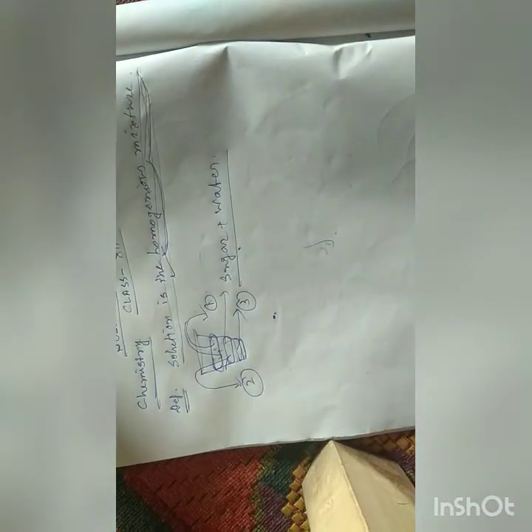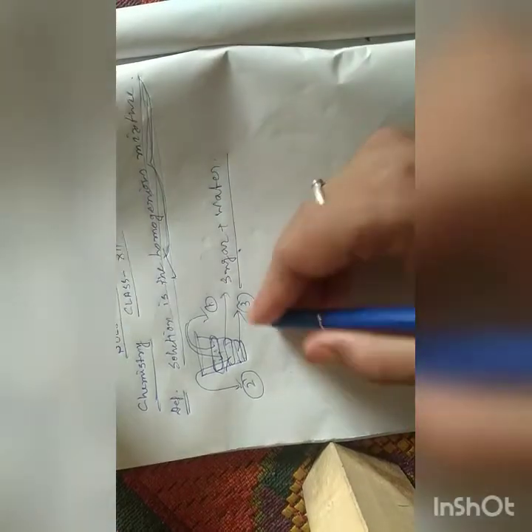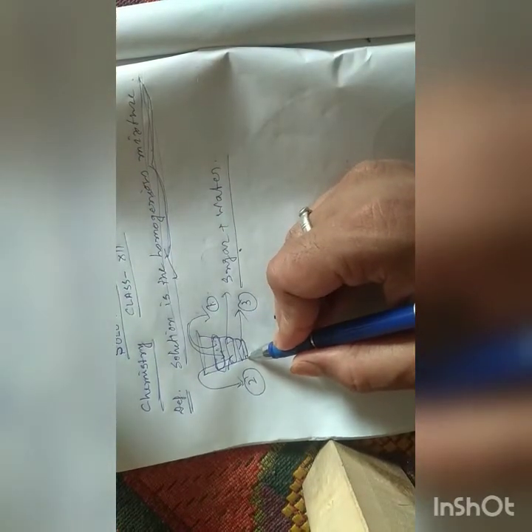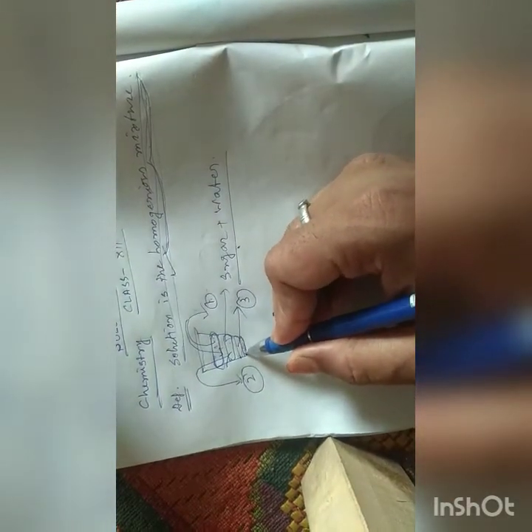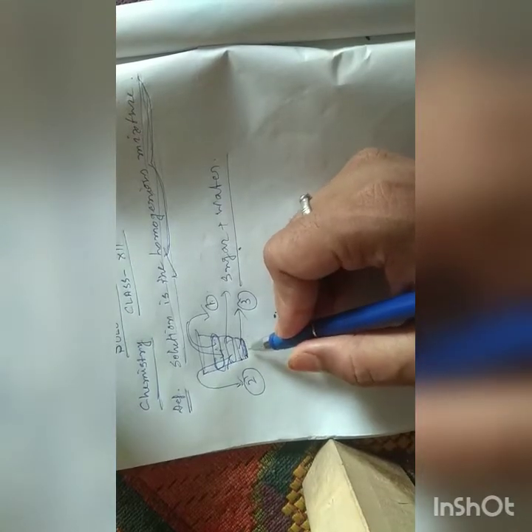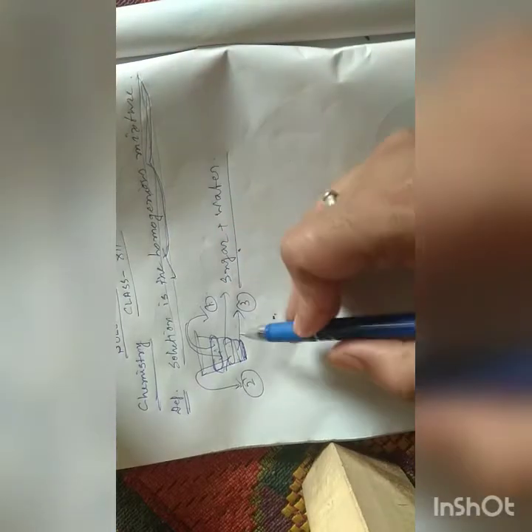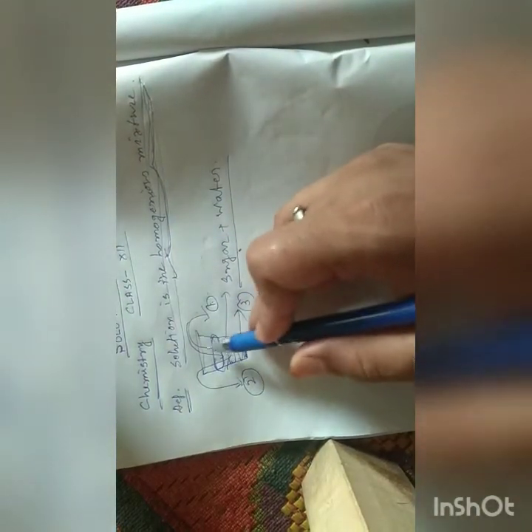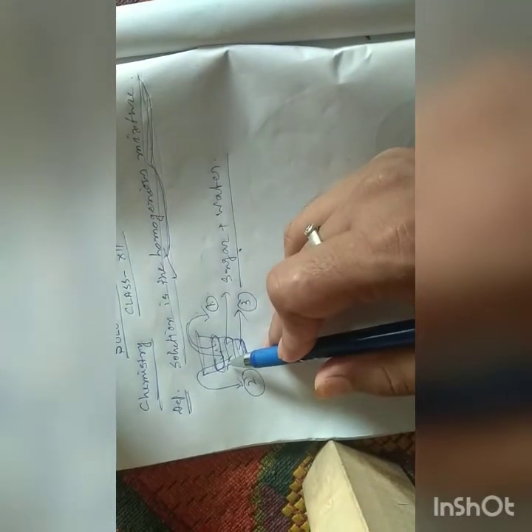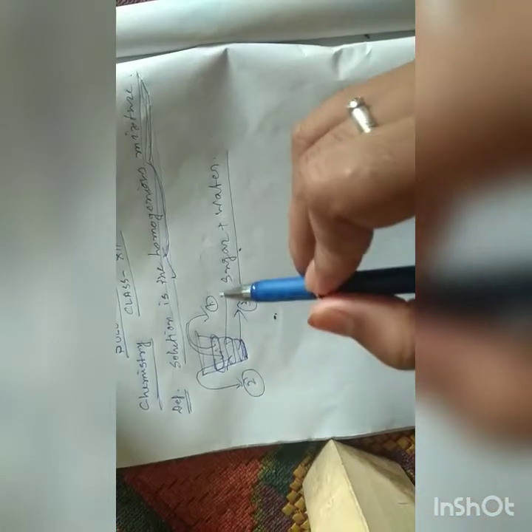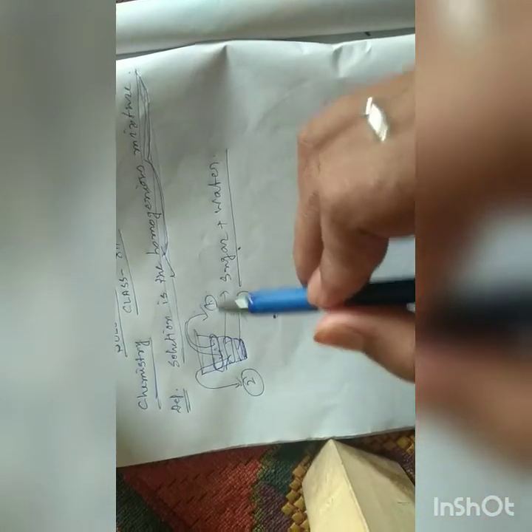Now the question is about the sweetness. We have considered that there is no residue of sugar at the bottom of the glass. Now, is the sweetness of the solution the same in the 3 parts or different?